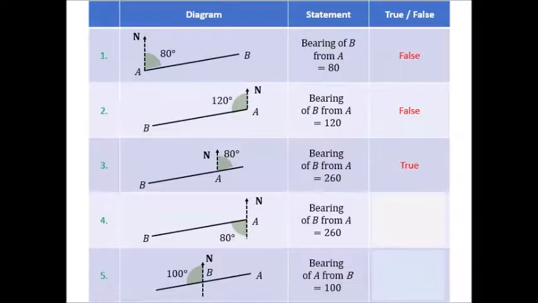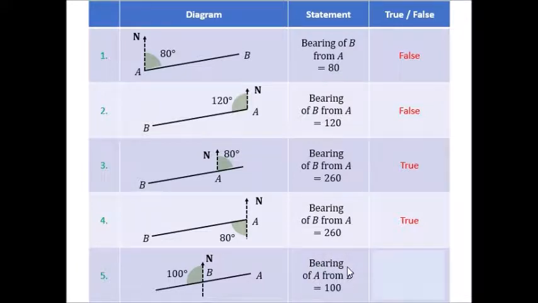The bearing of B from A in question 4, well, we have 80 degrees down here this time. Being 260 degrees, well, if we measure clockwise from north, that's 180 plus 80, which again is 260, therefore this is true.